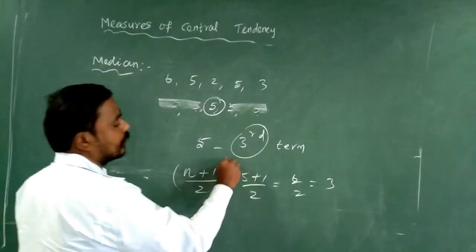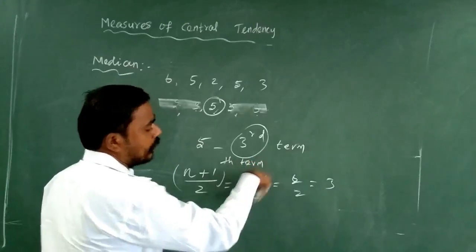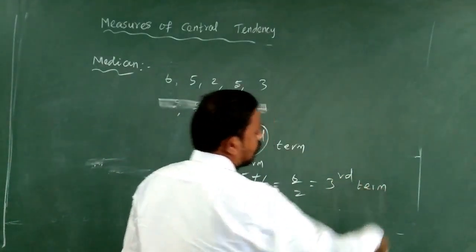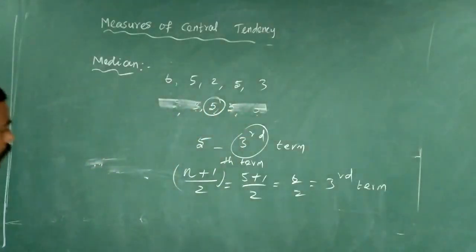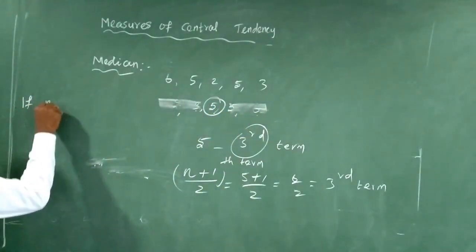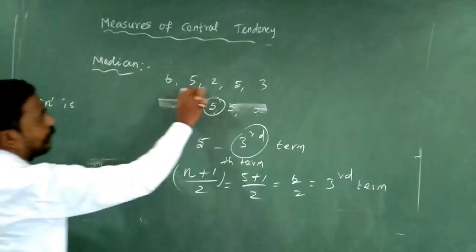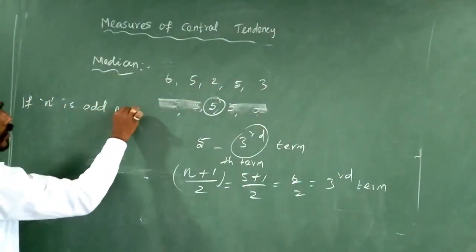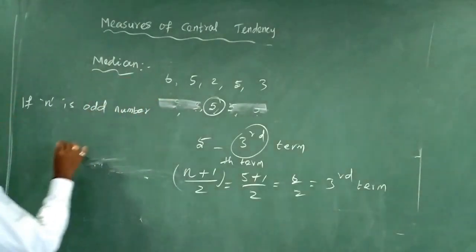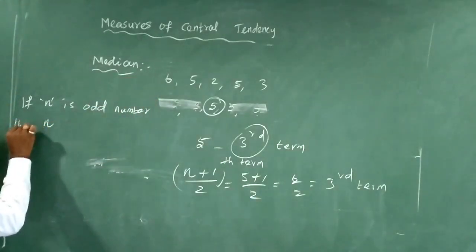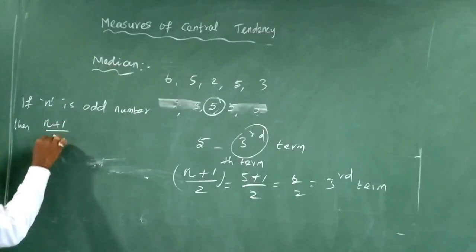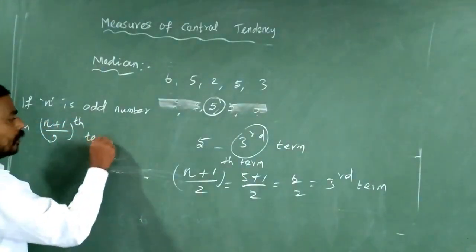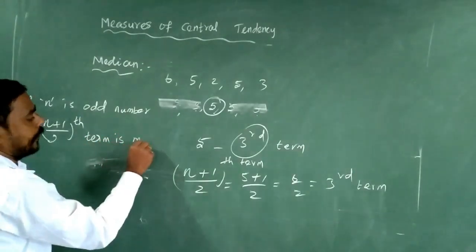So that is the third term, the median case. So if n is an odd number, then the (n plus 1) divided by 2 term is the median.